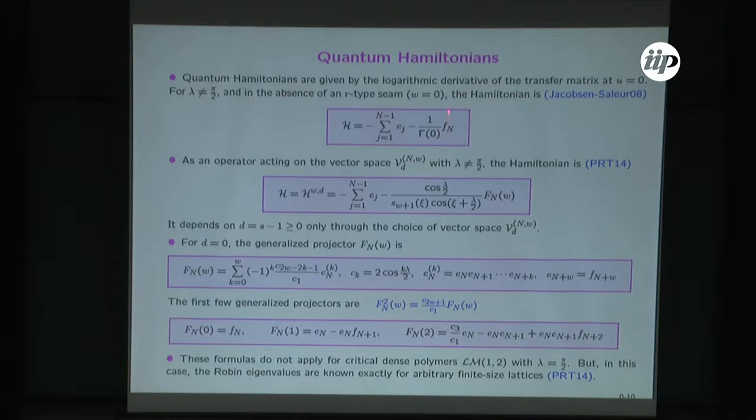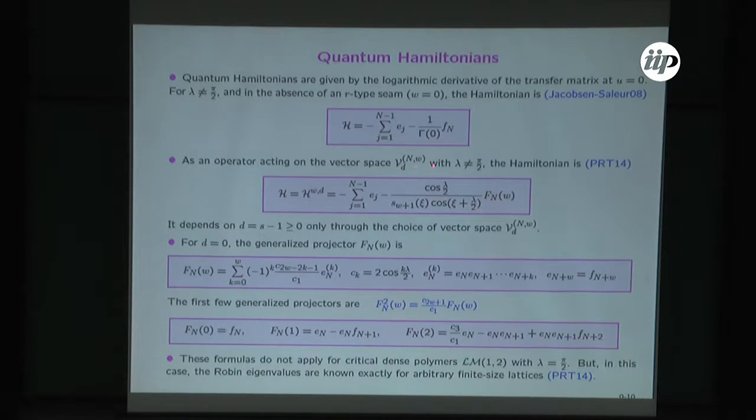And you can see that there is, in addition to the usual Hamiltonian, one extra generator that lives on the boundary in the one-boundary Temperley-Lieb algebra. So as an operator acting on a vector space, with W and D quantum numbers fixed, it acts from that space back to itself, and that's enforced by the projection operators. The Hamiltonian takes this form.